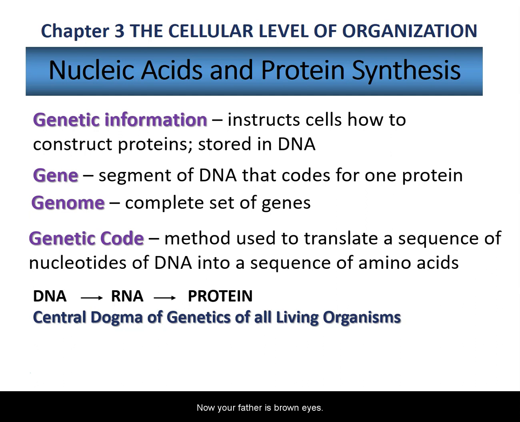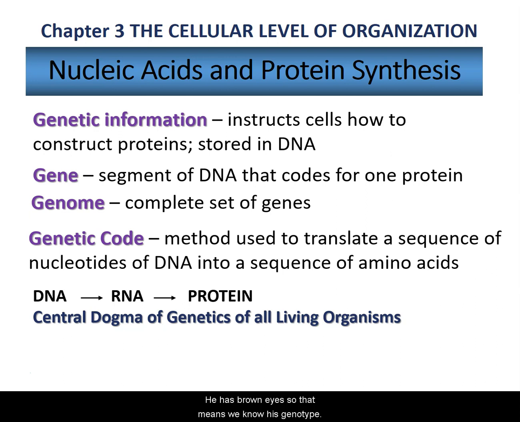Now, your father is brown-eyed and you are blue-eyed. So that means that he received the brown-eye trait from one of his parents and the blue-eyed trait from another parent. Now, why can we say that? Well, you have blue eyes, and that's a recessive trait, so you have to have two of those genes to have the blue eyes.